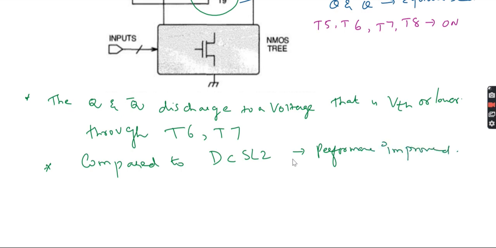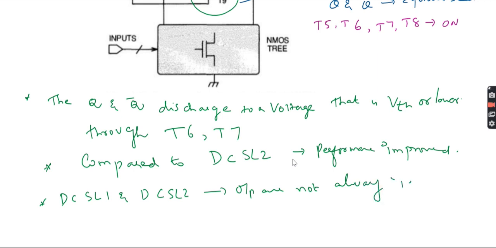Performance will be improved, at the same time marginal, because a smaller output voltage swing will be needed at the output. But in DCSL1 and DCSL2, the previous two cases, the outputs are not always one. They try to discharge.